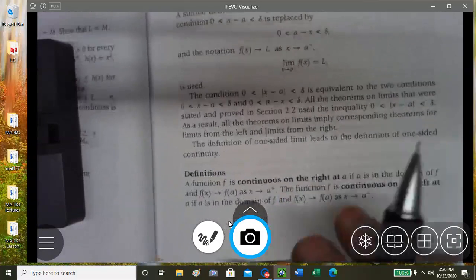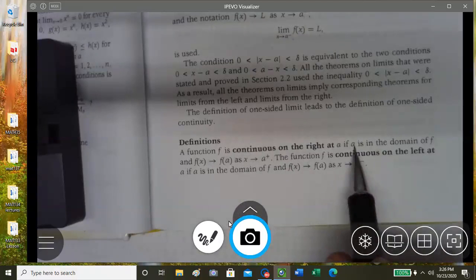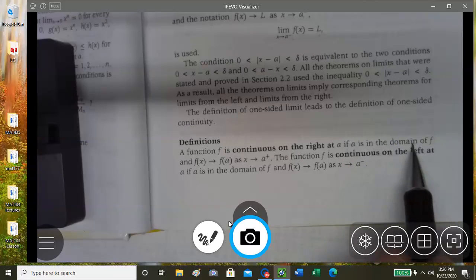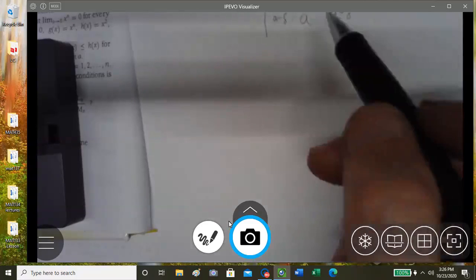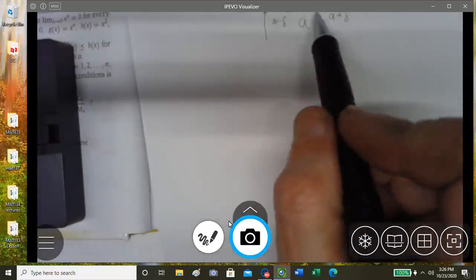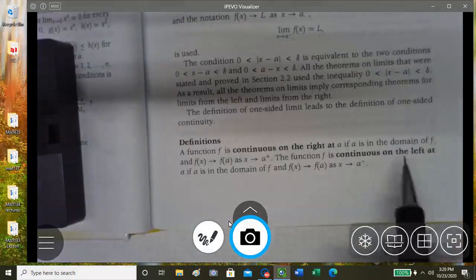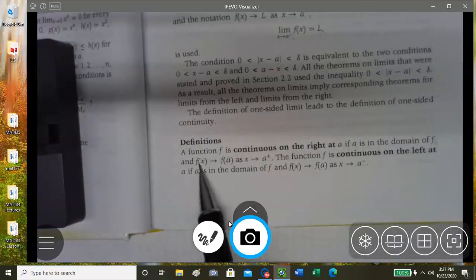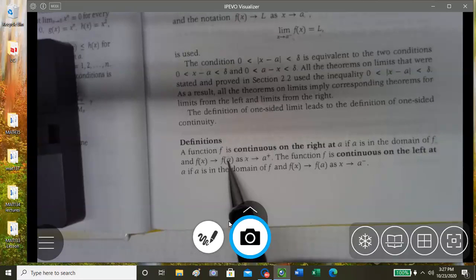Okay, so let's look down here. Definitions. A function f is continuous on the right at A if A is in the domain of f. So A has to be in the domain for f. If it's not, then you can't use it. As x approaches A, f of x approaches f of a, so in other words, as we're putting in our value A, we get our limit.